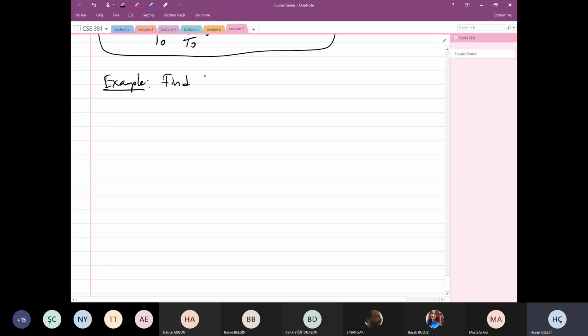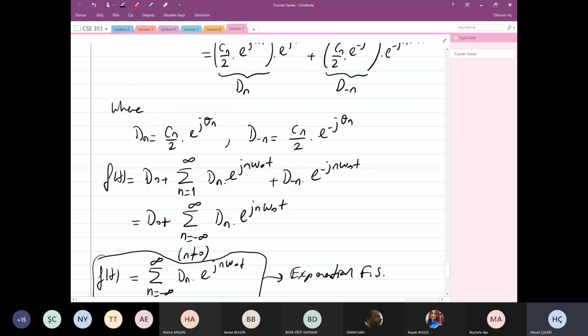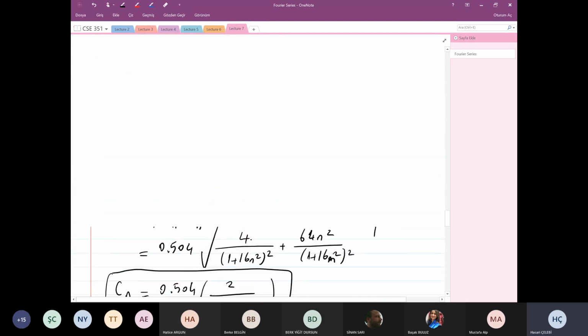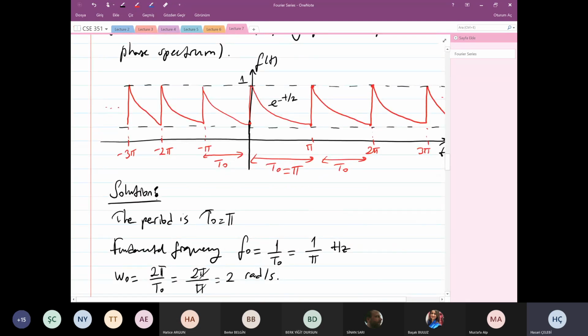Find the exponential Fourier series of the previous example. What was the previous example? F of t was equal to e to the minus t over 2. You want to remember? That was the case, right?